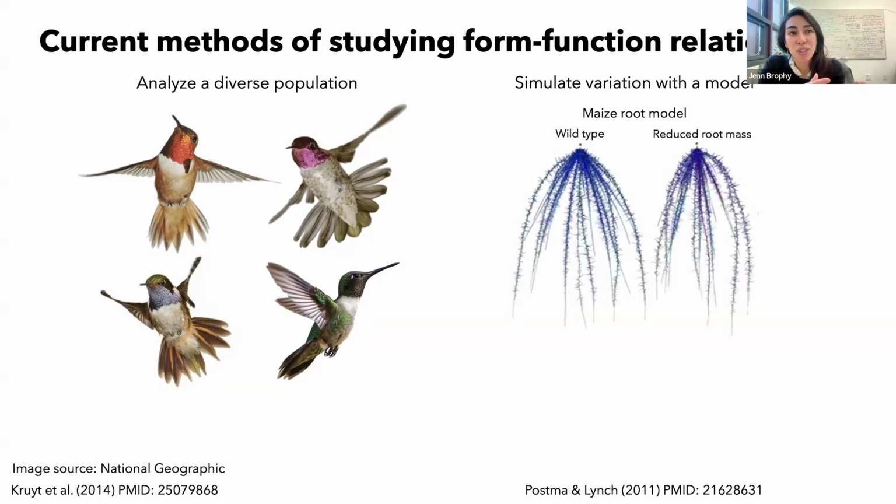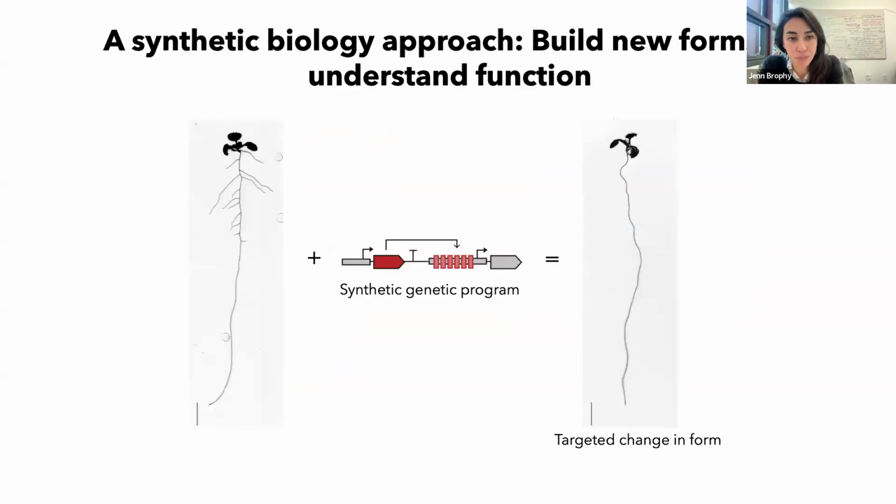You can model different root architectures, for example, and try to predict which ones will be better at absorbing water or nutrients in different types of simulated soil environments. But obviously, it would be nice to validate some of these model predictions experimentally. And we think that that's where synthetic biology can really play a big role in understanding form and function relationships.